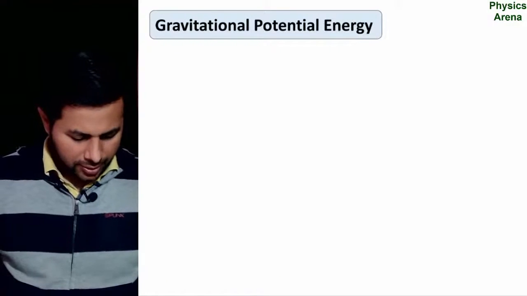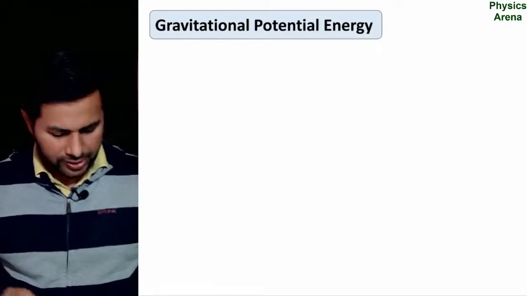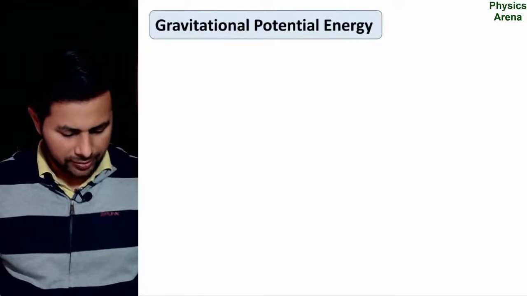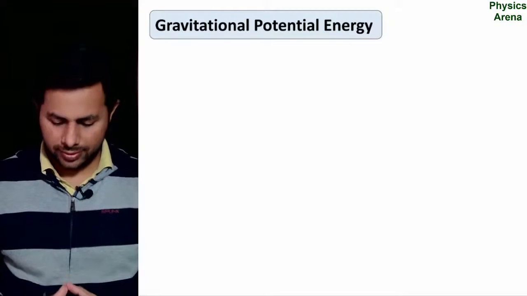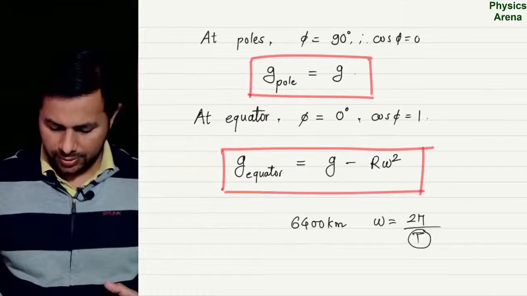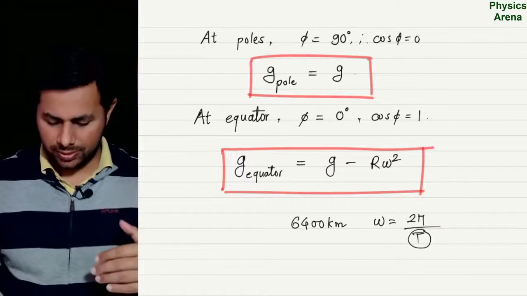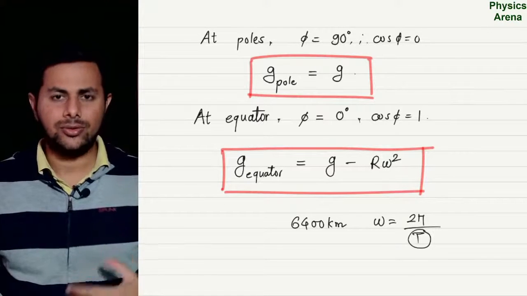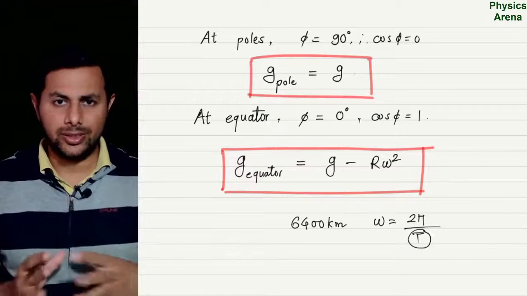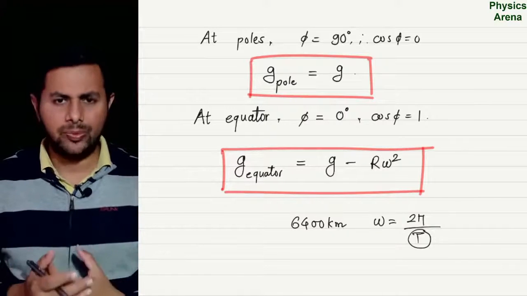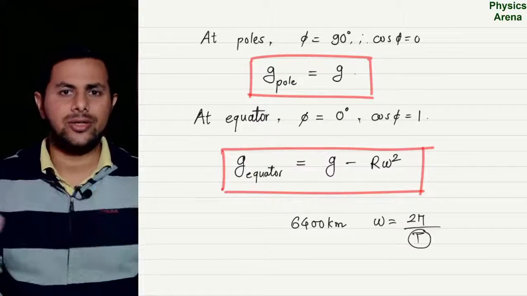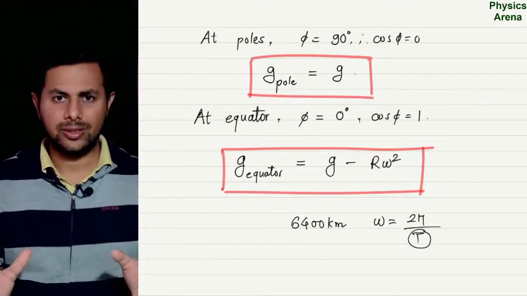All right. So now we have discussed variation in acceleration due to gravity with respect to height, depth, and altitude. There is another fact that Earth is not a uniform sphere.